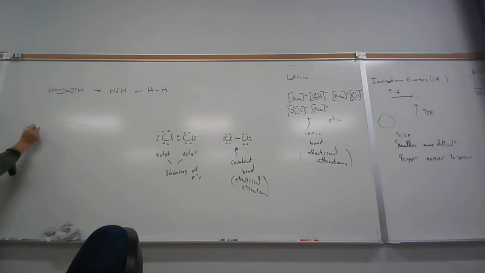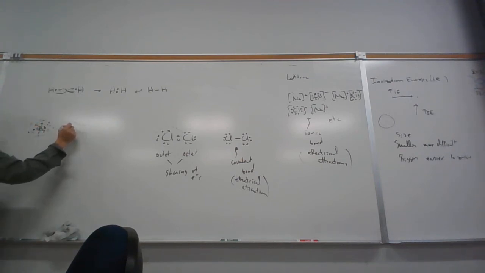Now, when we look at a hydrogen atom, we have the proton, and then we have an electron cloud. And this electron cloud would be a 1s electron here. And then over here, for this hydrogen, we have a proton and an electron cloud here.